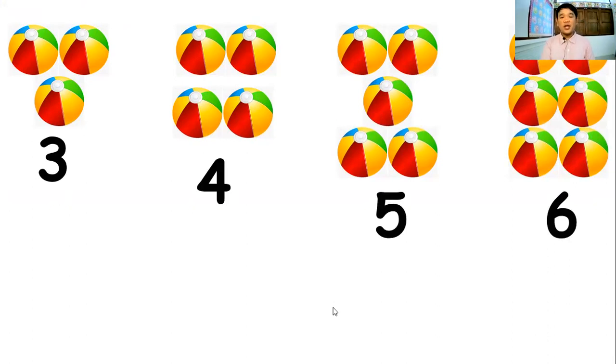So how are we going to order the numbers from greatest to smallest? The answer must start from the greatest. Which of the following is the greatest number? Of course, number 6. And after 6 is 5.